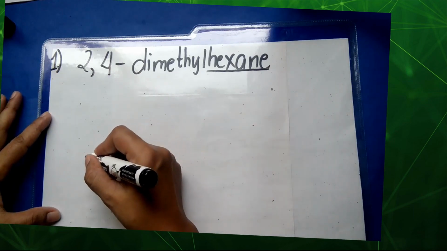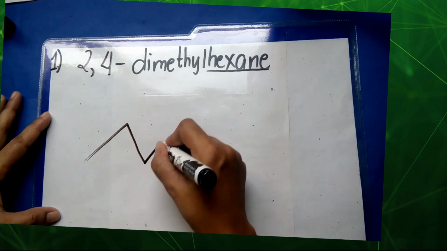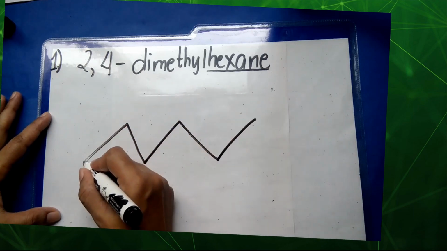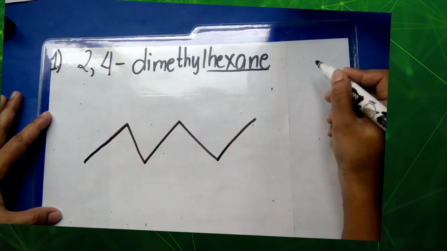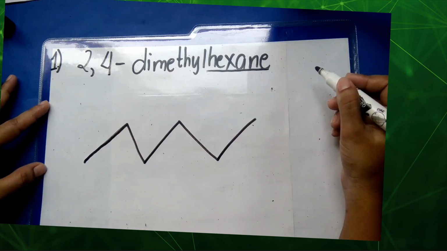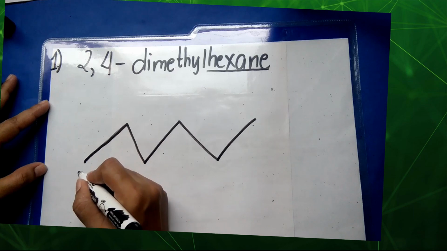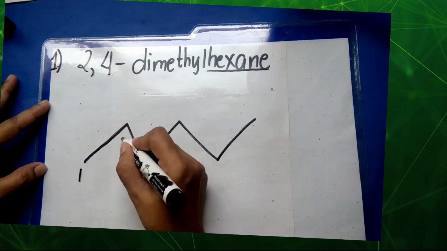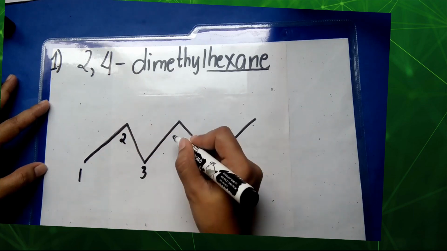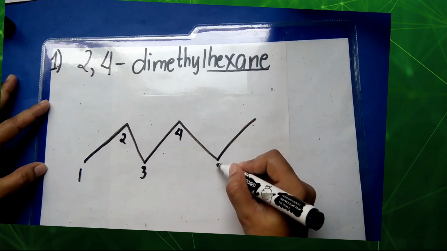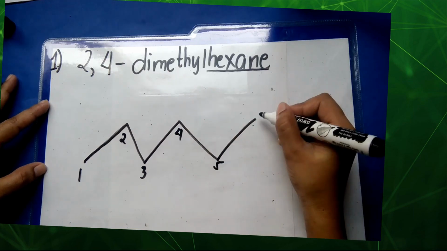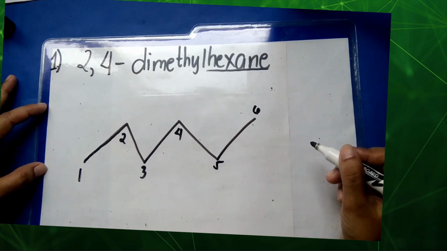Okay? So, 1, 2, 3, 4, 5, 6. So, that is a hexane. Next, let us number it. We can start here or on the other side. So, I will choose to start here. So, 1, 2, 3, 4, 5, and 6.